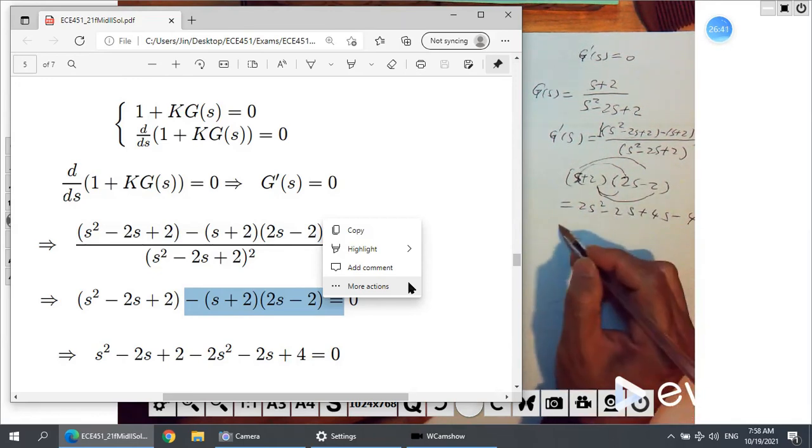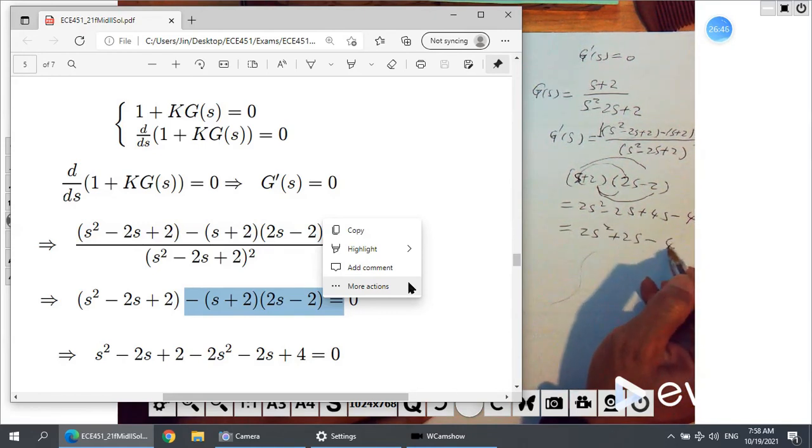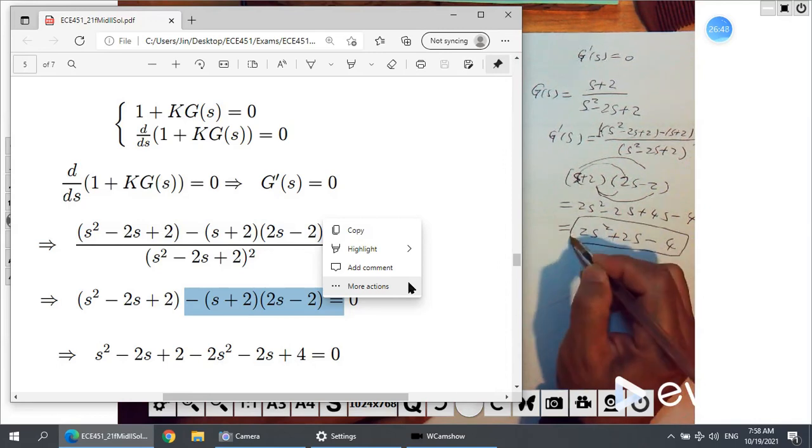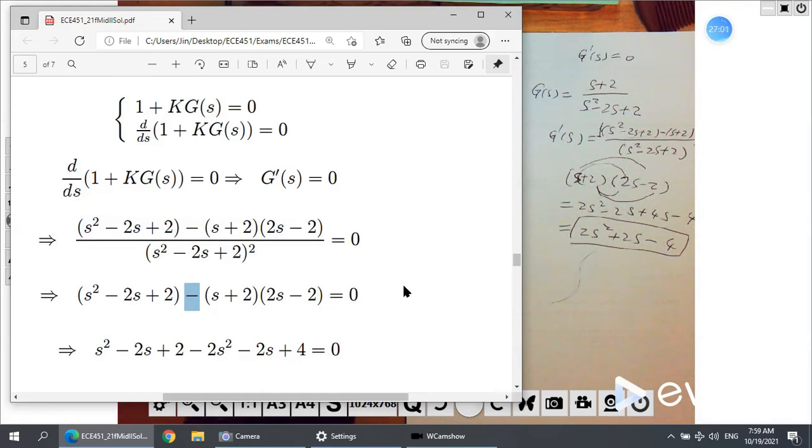So it is 2s squared plus 2s minus 4. And there's a subtraction in front of it, so here it will be minus 2s squared and minus 2s and plus 4.